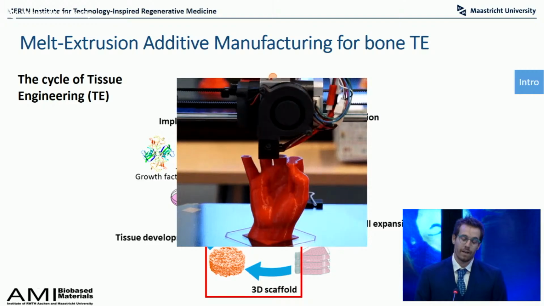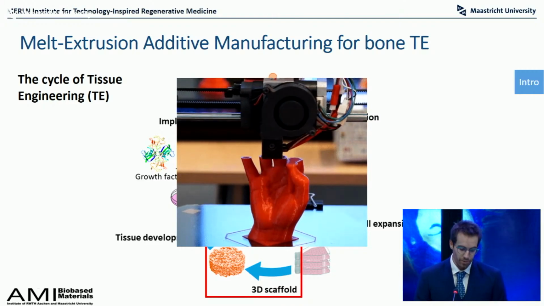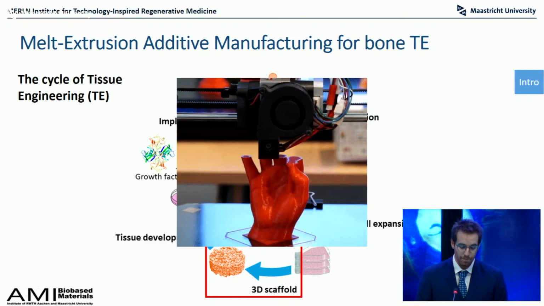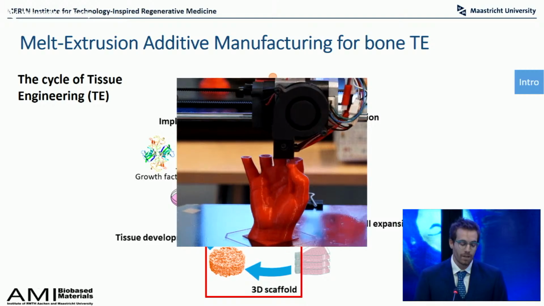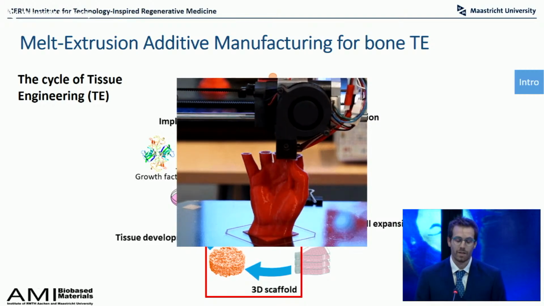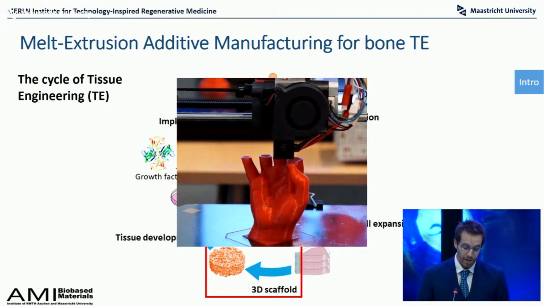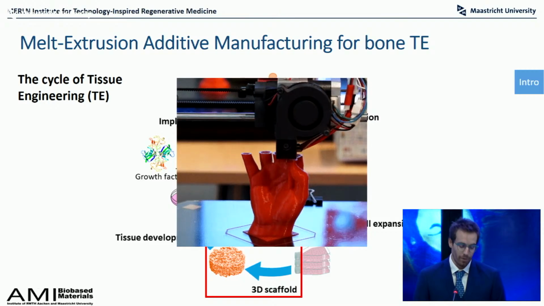Scaffolds can be and have been manufactured via several techniques over the years, but lately the so-called 3D printing class has emerged as a gold standard. In particular, one subclass called melt extrusion additive manufacturing has been successfully employed for hard tissue regeneration by melting and depositing thermoplastic polymers.